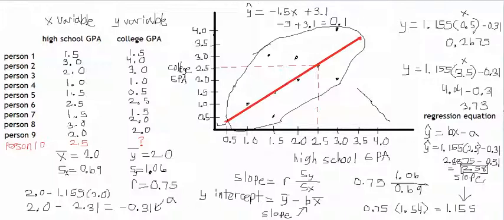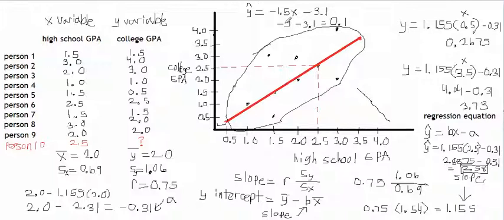What if the slope and y-intercept were negative? Well, then you would still get a negative number here. If you plug in a positive x, you multiply a positive by a negative, you get a negative number. And then we would have to actually subtract a negative number. What I mean is we would actually have to add a negative number to another negative number. So it would be negative 3 plus negative 3.1.